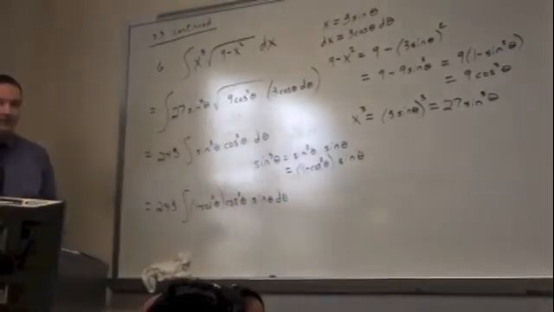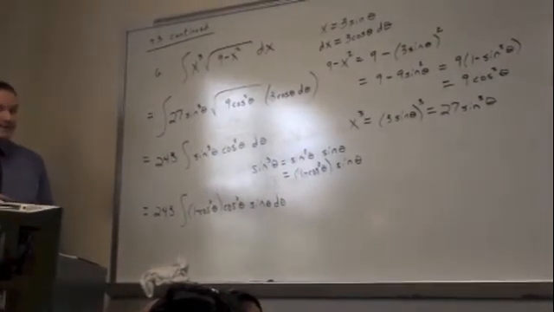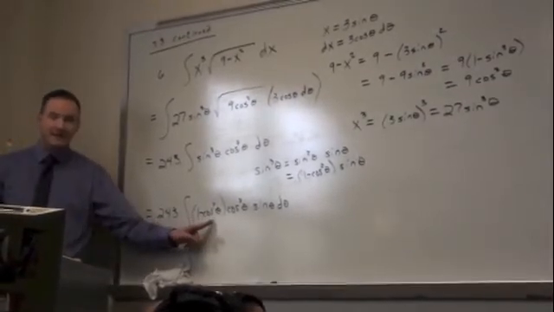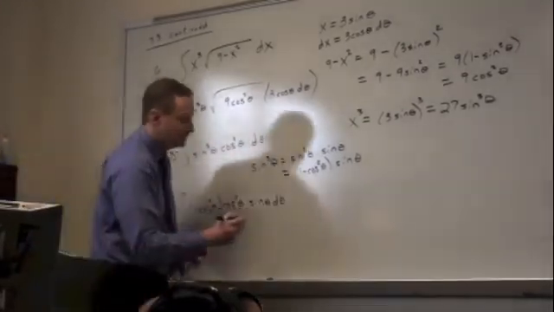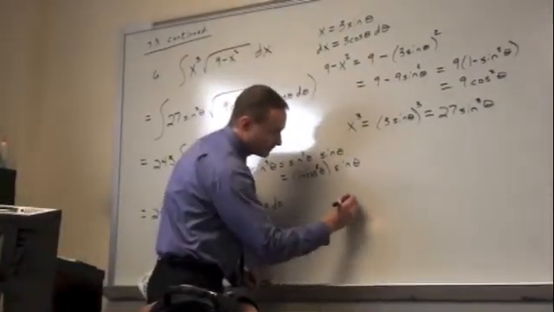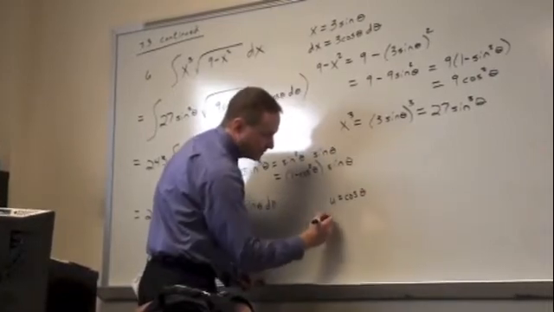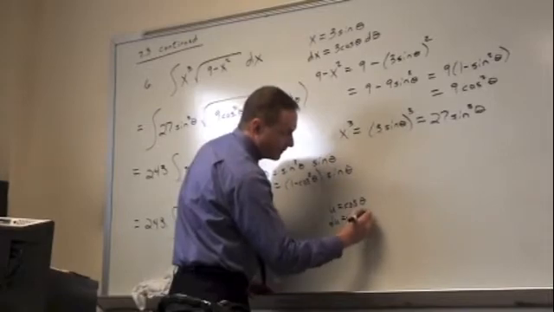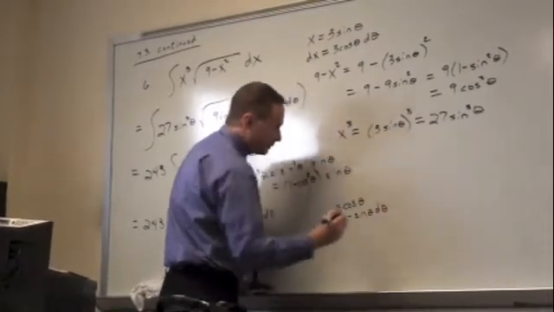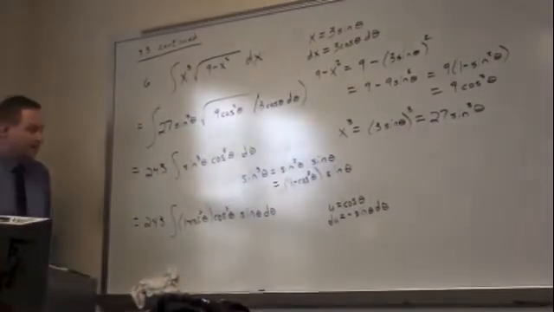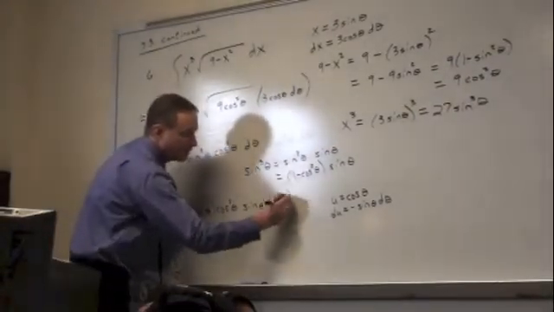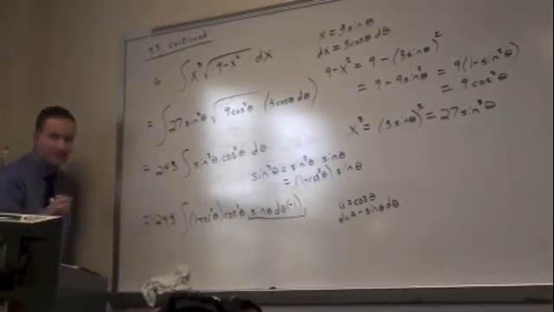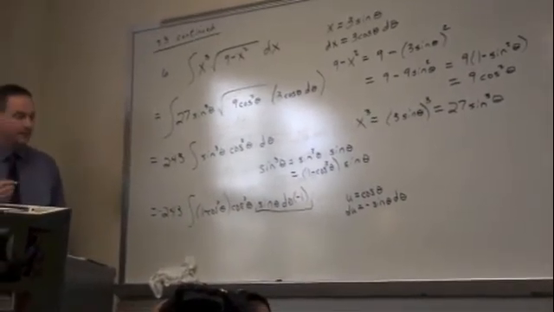And the reason I needed to do that is so now I could bring in a u variable as a substitution variable and let u equal cosine of theta. du is going to equal the negative sine of theta d theta. So in order to get that negative sine of theta d theta, I'll need to multiply the inside by negative 1, and this 243 becomes negative 243 on the outside.